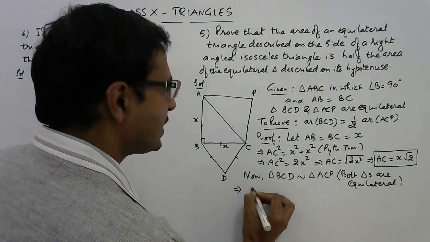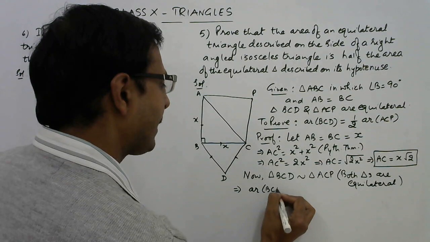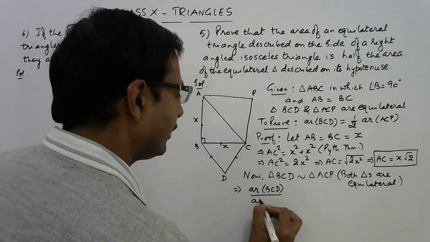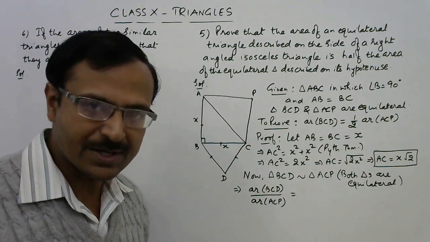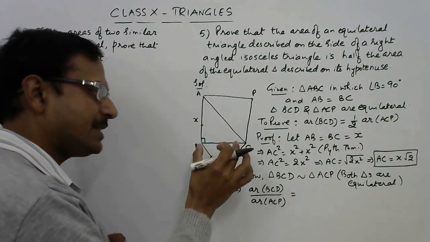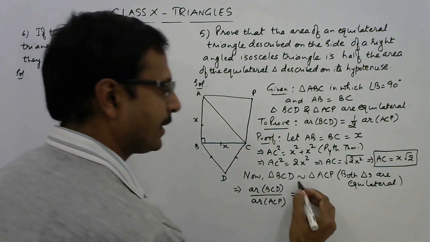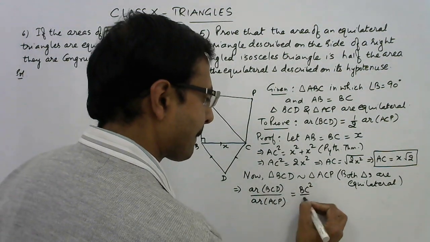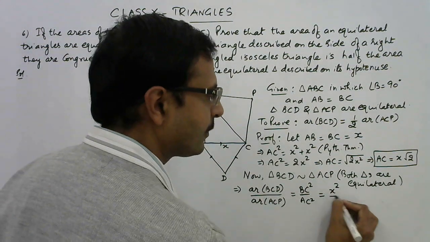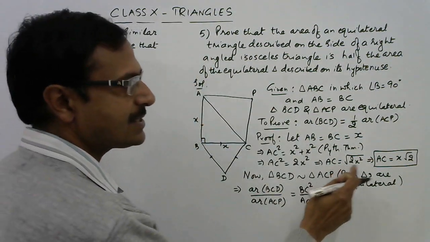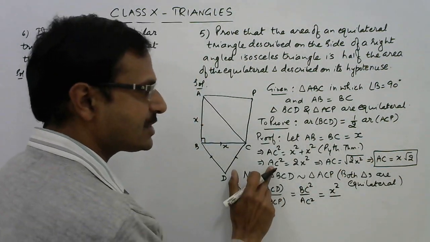The areas, so area of BCD and area of ACP, the ratio will be equal to ratio of squares of their corresponding sides. So BC square upon AC square. So what is BC? BC is x, so x square. And what is AC? AC is x root 2, or AC square is 2x square.